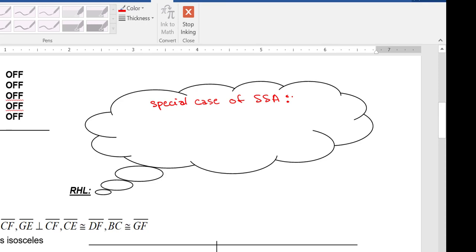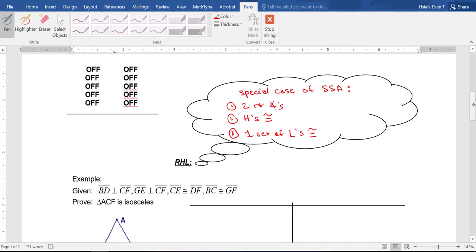Basically, the conditions are you need two right angles, you need hypotenuses congruent to each other, and you need one set of legs congruent. Okay, so let's try it in an actual problem here.